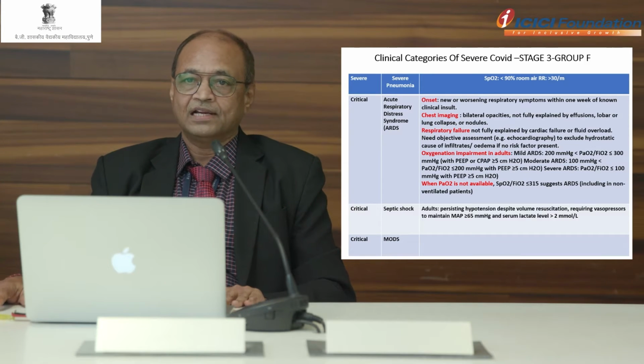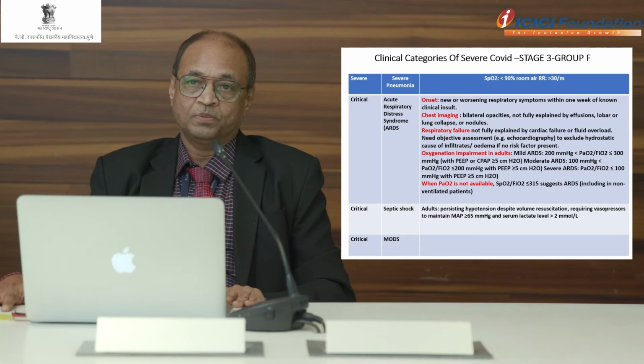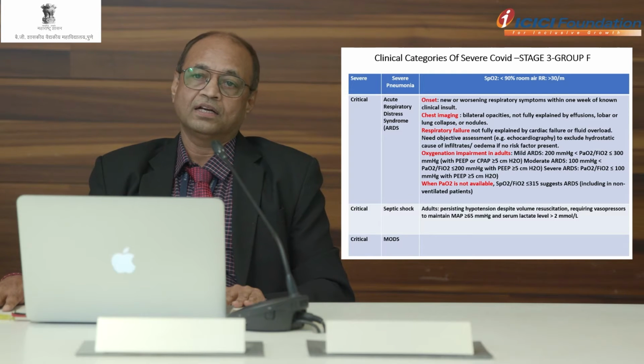The next variety that we come across is the severe illness. This severe illness really is a critical illness in these individuals, and it can be in the form of acute respiratory distress syndrome. That means the lung is flooded with inflammation and the patient has dysfunction of the lung. The patient is not maintaining the oxygen pressure in the arteries.